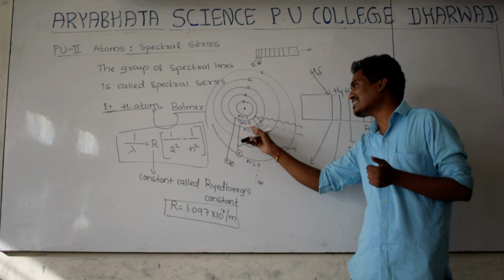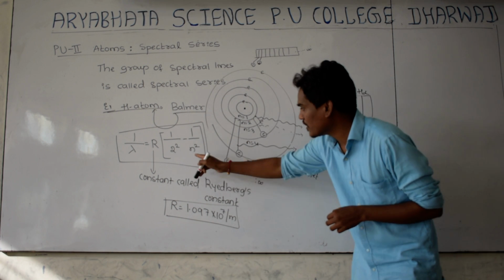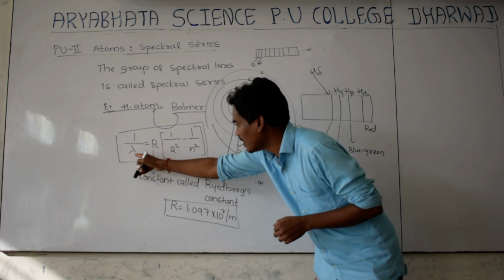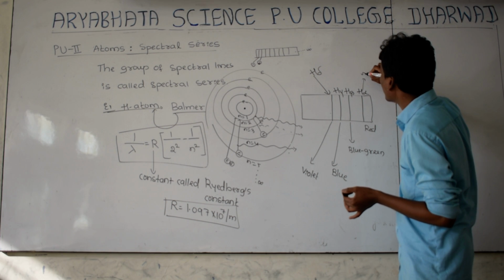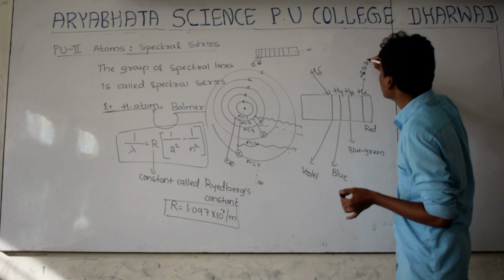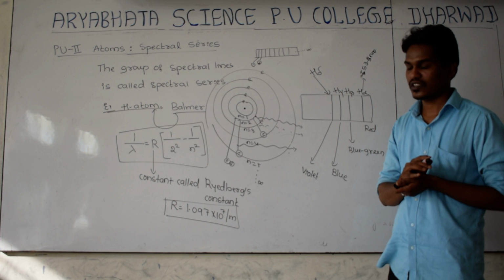Whenever the electron is jumping from the third orbit to the second orbit, take this as 3 and this as 2. Calculate the lambda value. He found its value to be 653.2 nanometer.